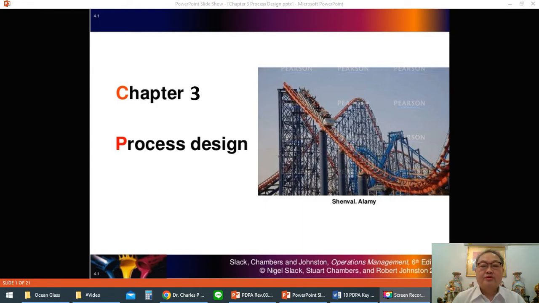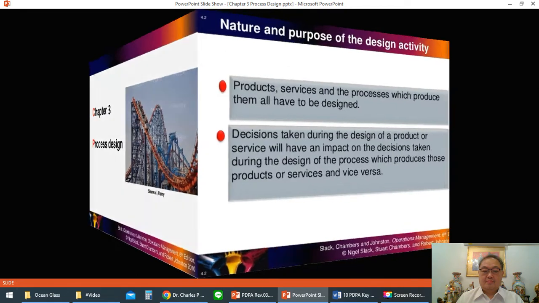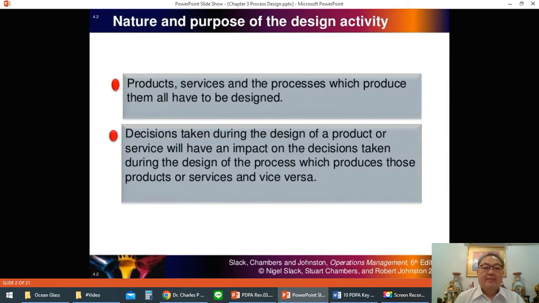This chapter we will talk about the process design. The nature and purpose of the design activity. Before we go for actually, ideally in the process there are three steps, right? From the input process, transformation process, and output.